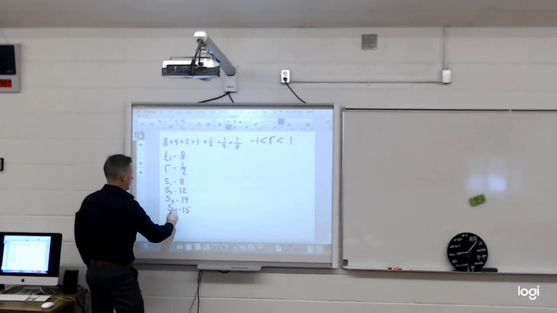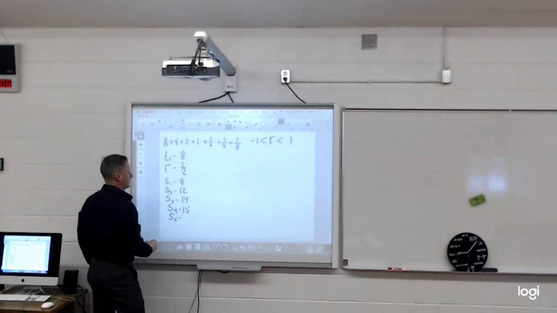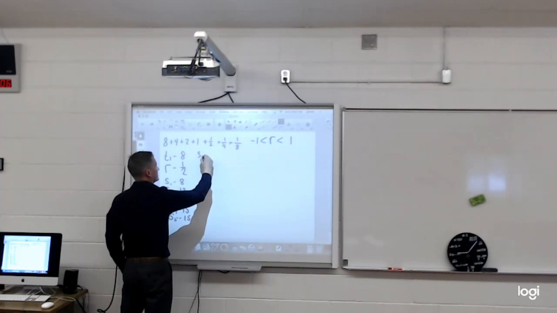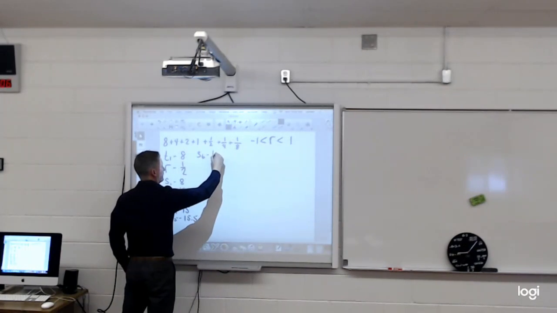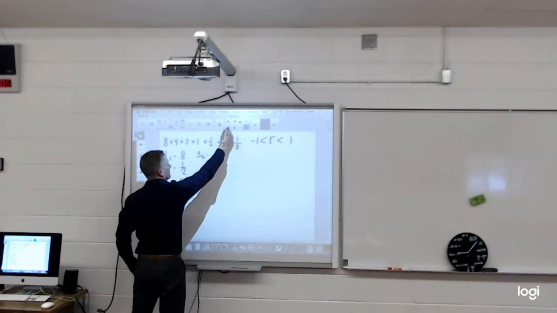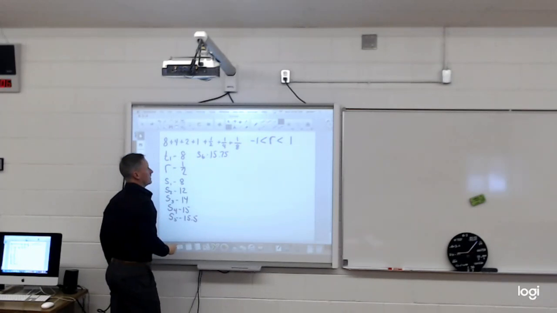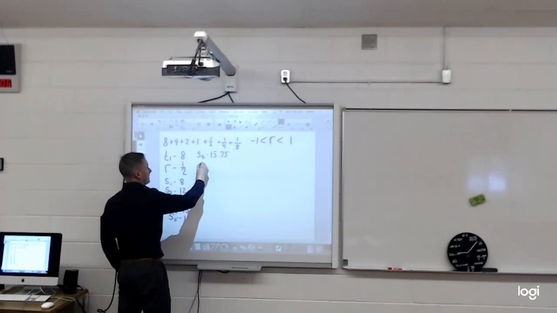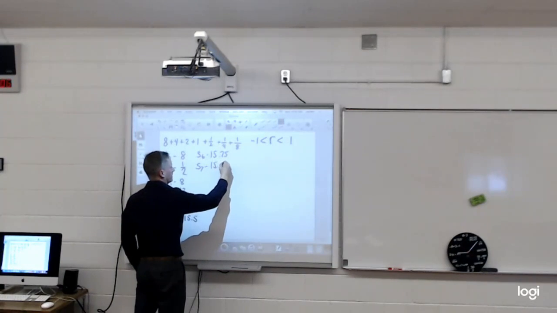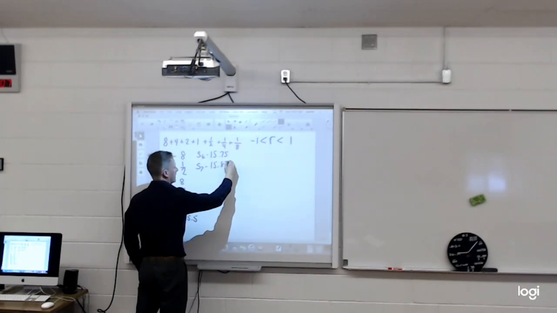Okay, so S5 then is 15.5. S6 then is 15.75. And then S7 would be 15.875.